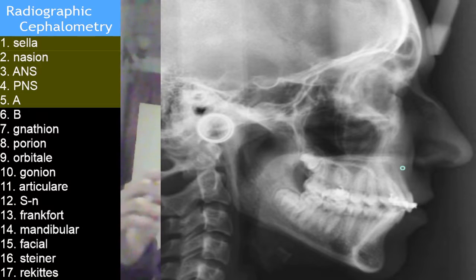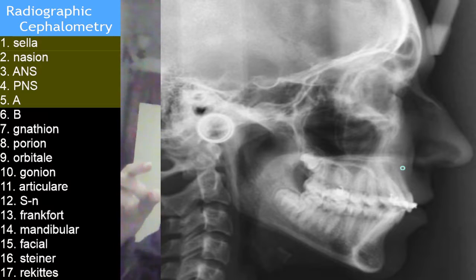Point A is the deepest midline point of the premaxilla between the anterior nasal spine and the prosthion.